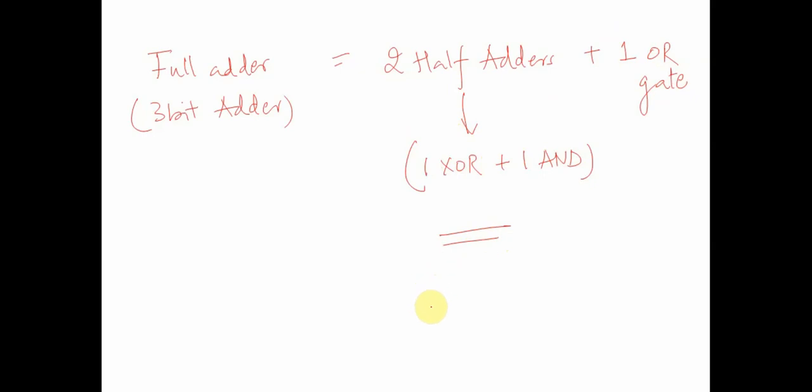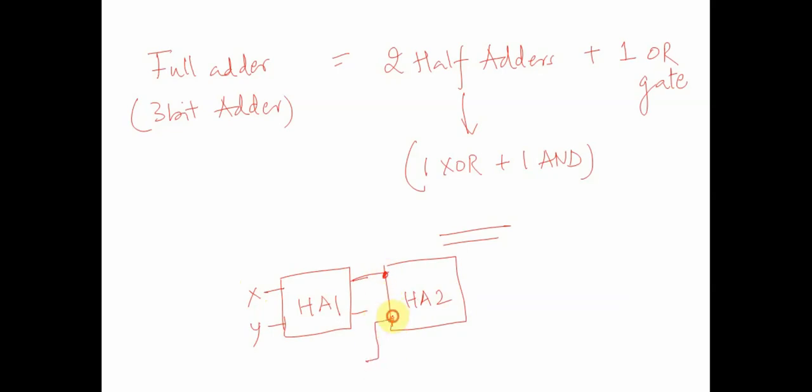Correct? So what I can do in such a case is I can use a half adder, two inputs, two outputs. Then I can put one more half adder, which I can call half adder 2, with half adder 1 taking x and y as inputs. The sum output is x XOR y. This goes as an input to another half adder. And then we have the third input over here as c in, so c in goes as an input to this half adder.